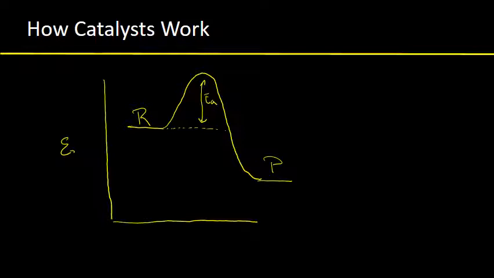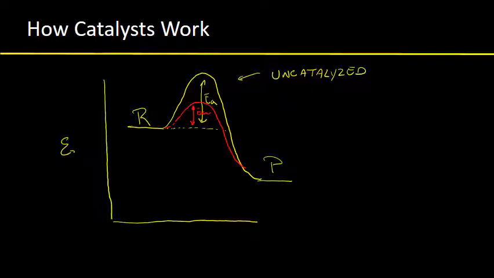So if you have a reaction that looks like this when it's uncatalyzed, what a catalyst does is it provides a different reaction mechanism, and that different reaction mechanism has a lower activation energy barrier.